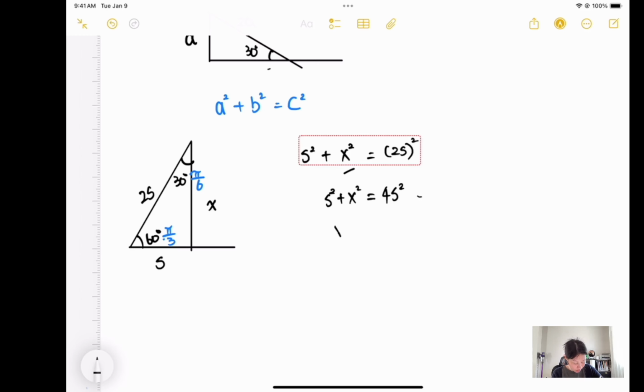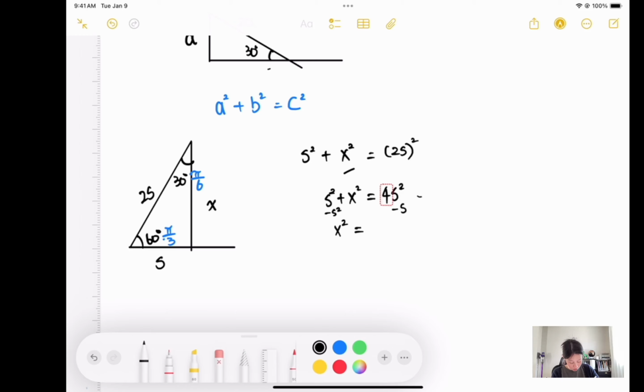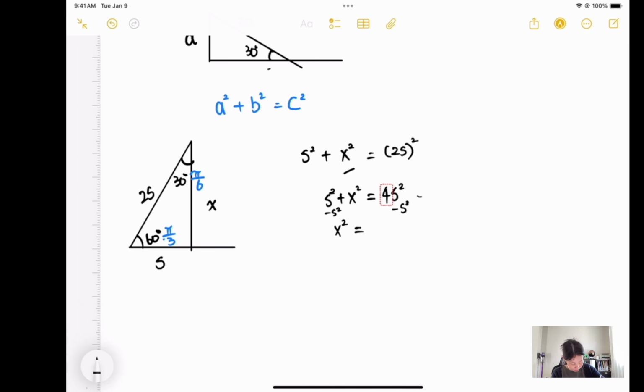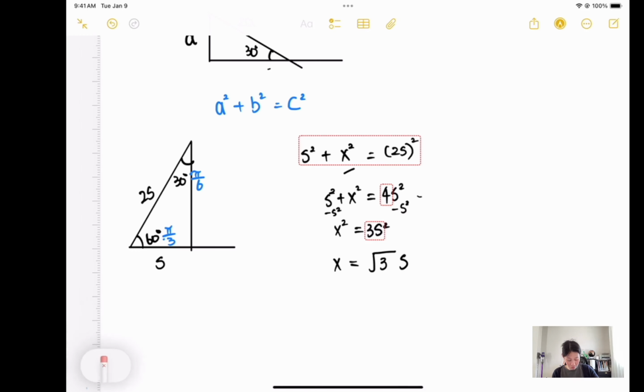I have x squared equals 4s squared minus s squared, right? So that means the right side is equal to 3s squared. Okay, and then our x is equal to what? We take the square root on both sides, so we have x equals the square root of 3 s squared, which is the square root of 3 times s. So that means the third side is equal to square root of 3 s.